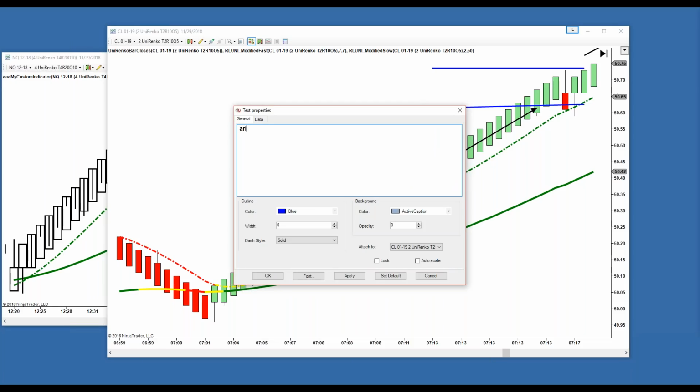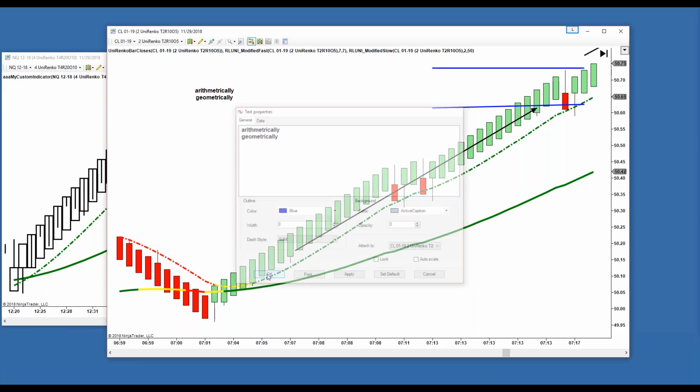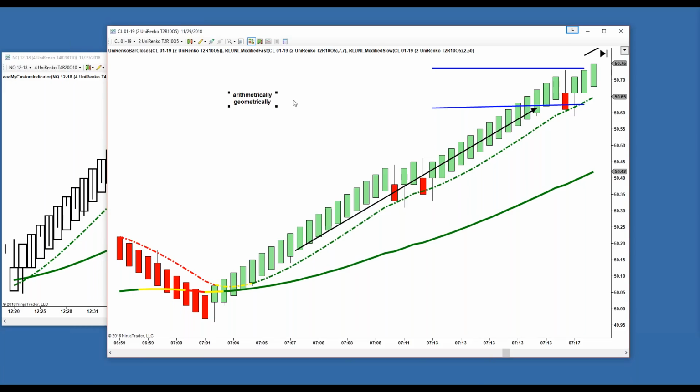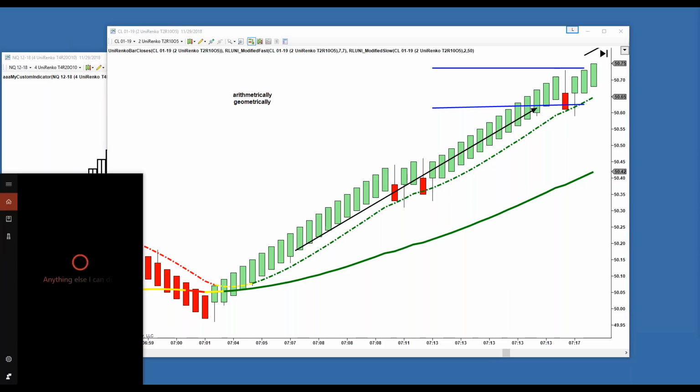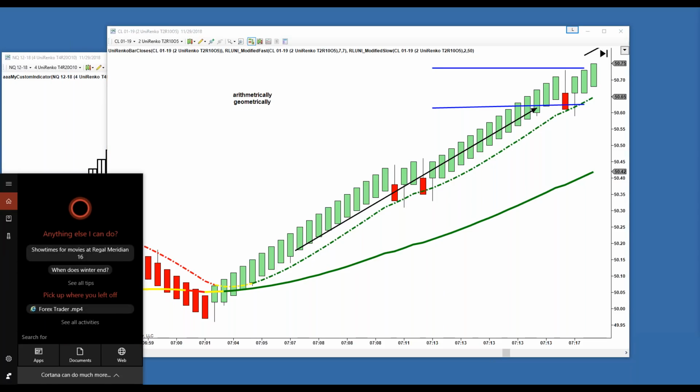Price can move arithmetically, and it can move geometrically. Like that. Now, I'm going to bring up Paint and show you the difference. Whoops, excuse me.